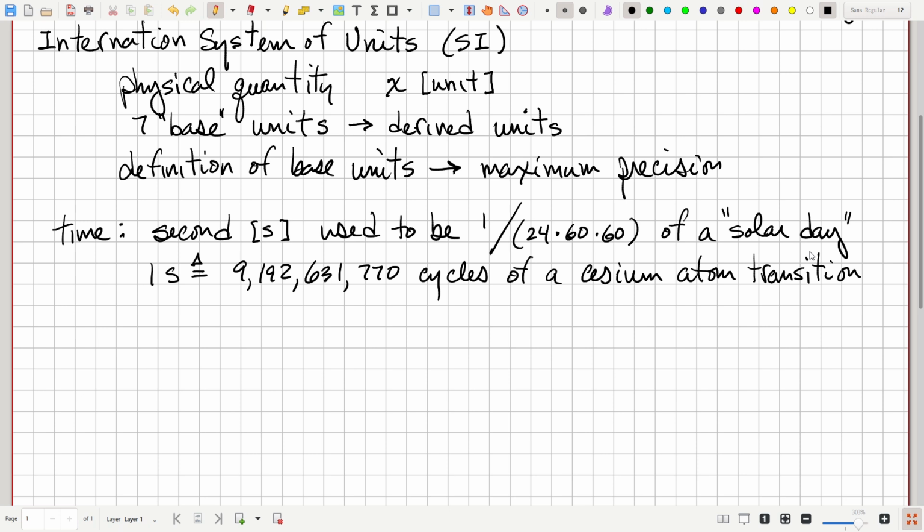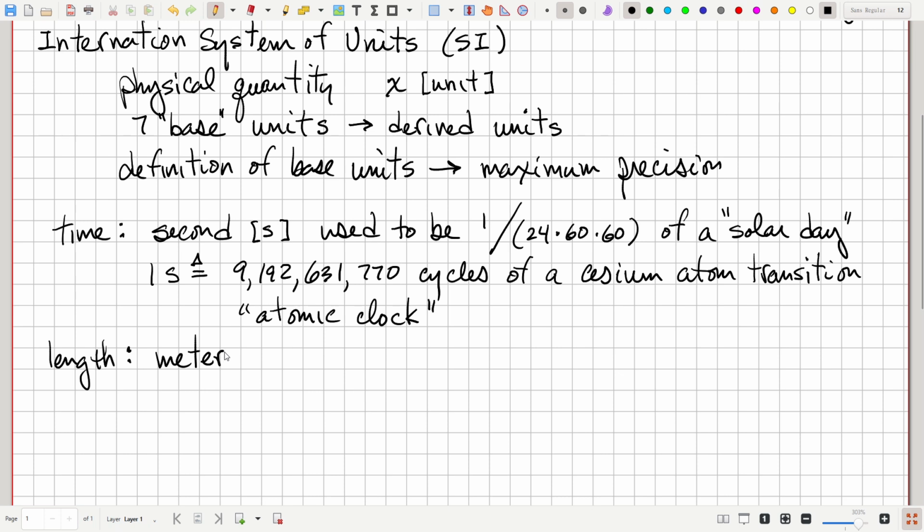Okay, and how is this measured? Well, you set up a cesium atom so that it undergoes this particular transition, which emits a microwave signal, and then you measure the number of cycles of that microwave signal. That is the basis of so-called atomic clocks. And so we use atomic clocks to define the second because that is more precise than using the rotation of the Earth.